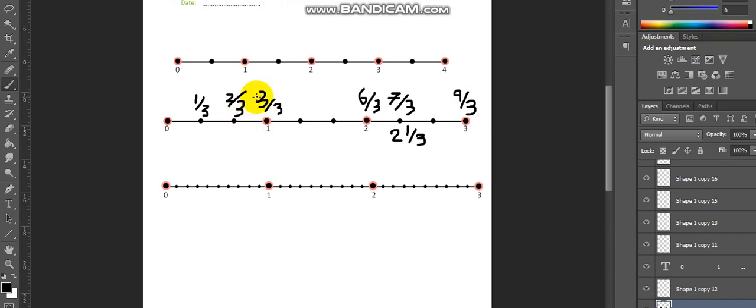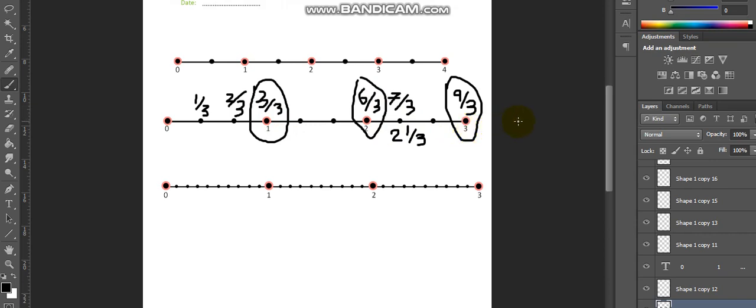Notice that at the points on the number line where we find whole numbers, 1, 2, 3, the numerator, the number on top, is equal to the whole number that is found at that point times the denominator. So here, I would say 3, the whole number, times 3, the denominator, makes 9, the numerator. 2 times 3 makes 6. 1 times 3 makes 3. And that is true for all whole numbers.